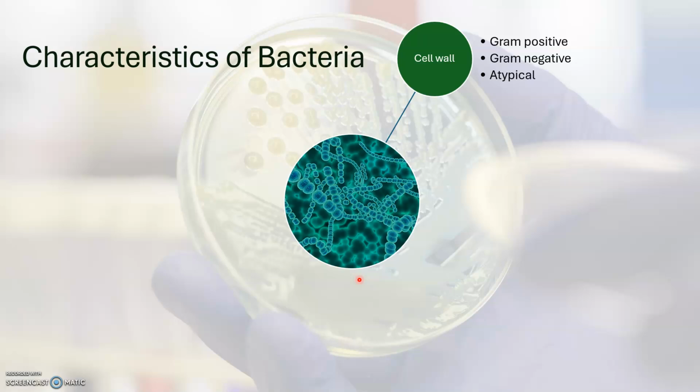The gram-positive bacteria have a more robust, structured peptidoglycan cell wall, whereas in the gram-negative bacteria, that peptidoglycan cell wall is not as well made, and they may have lipopolysaccharide structures within their cell wall as well.